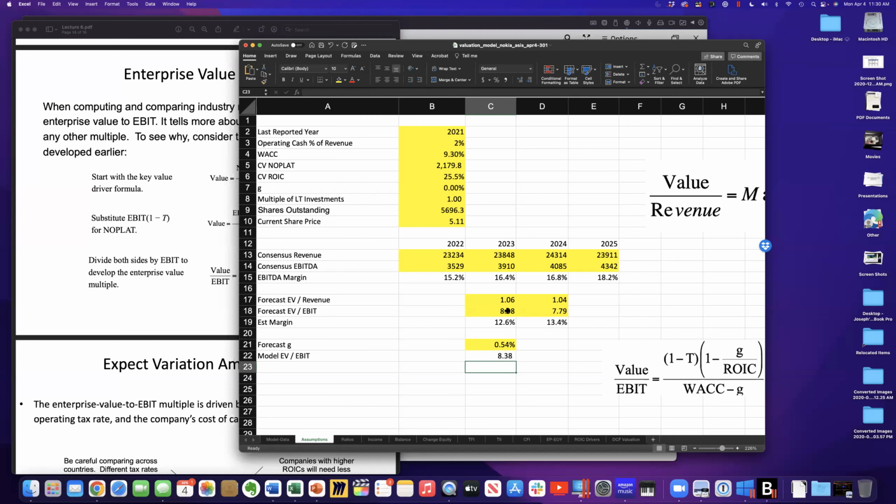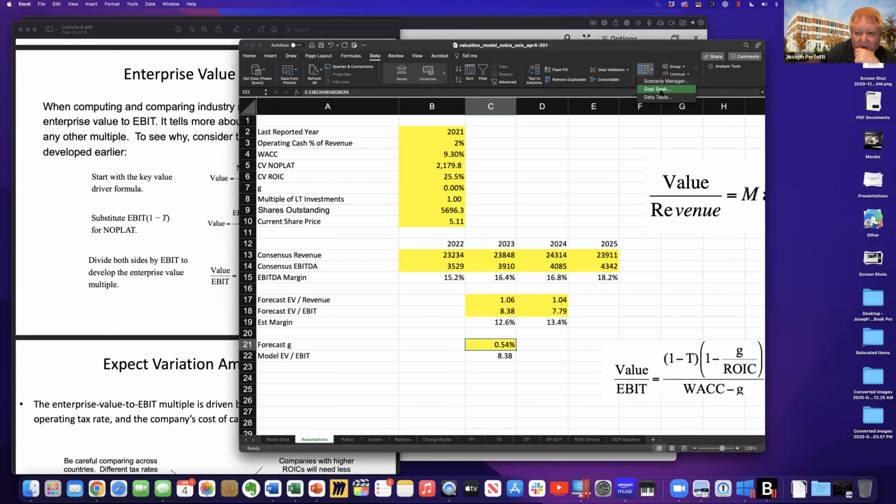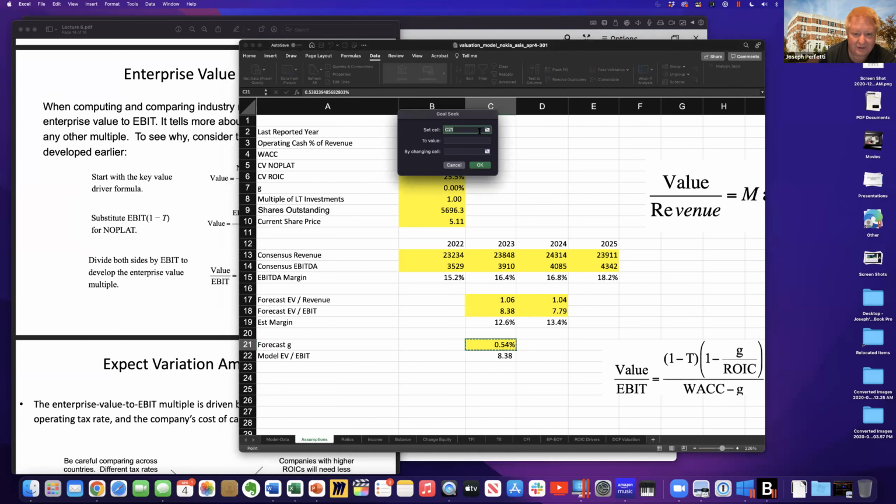They now match. Professor, could you go over how you did the what-if analysis, please? The solver? You're talking about the solver? Yes. Okay. So under Data, What-If, it's called Goal Seek. Goal Seek might be in a slightly different place if you're in Windows. What Goal Seek does is, if you know the cell that you're trying to solve for, so I'm trying to solve for C22, and I know what number I'm trying to get to, 8.38, then what cell do I change?